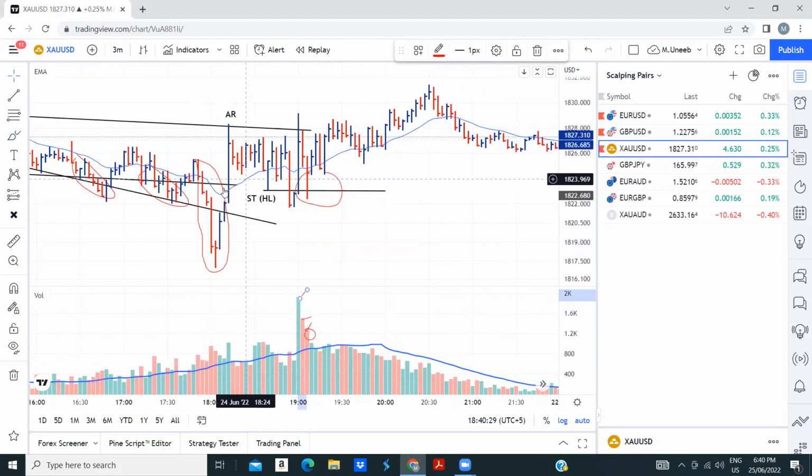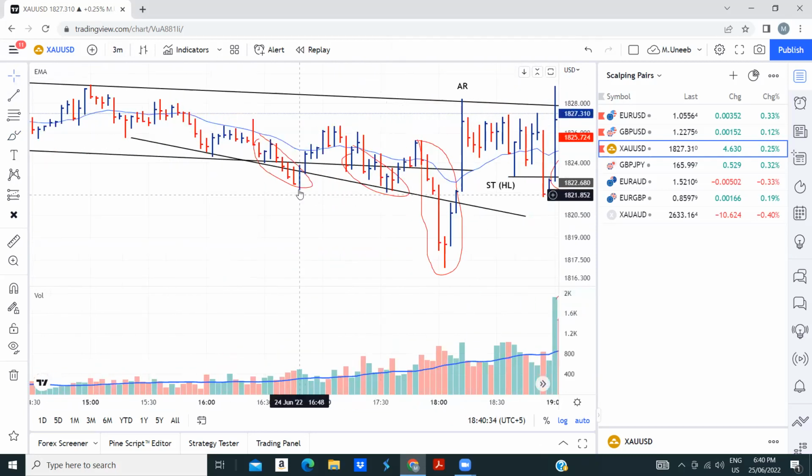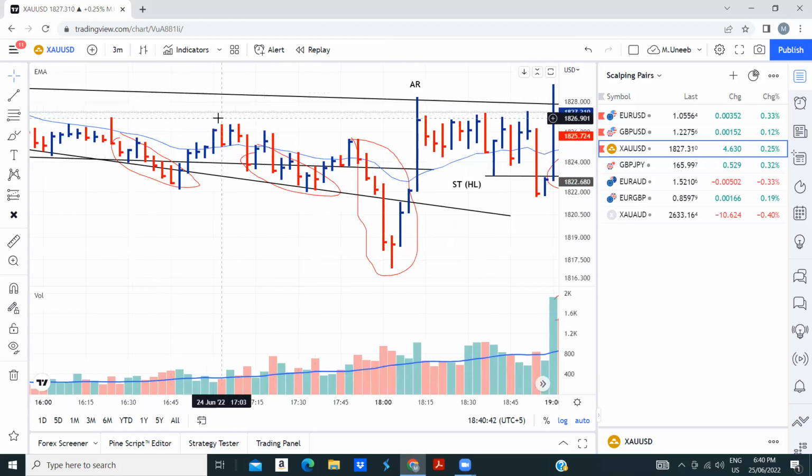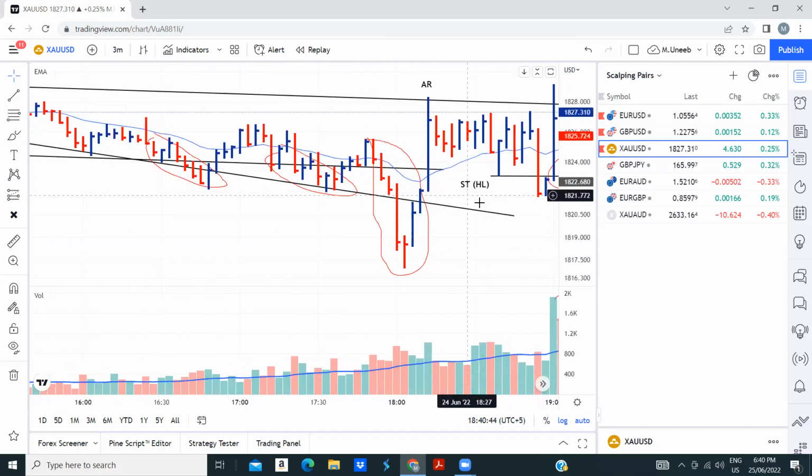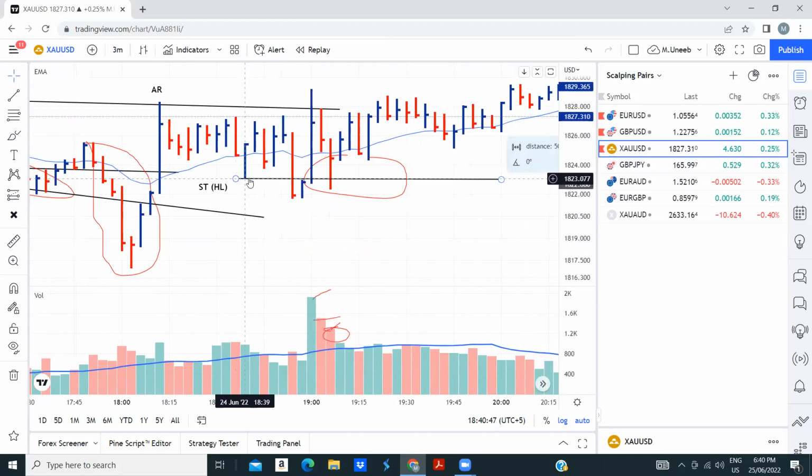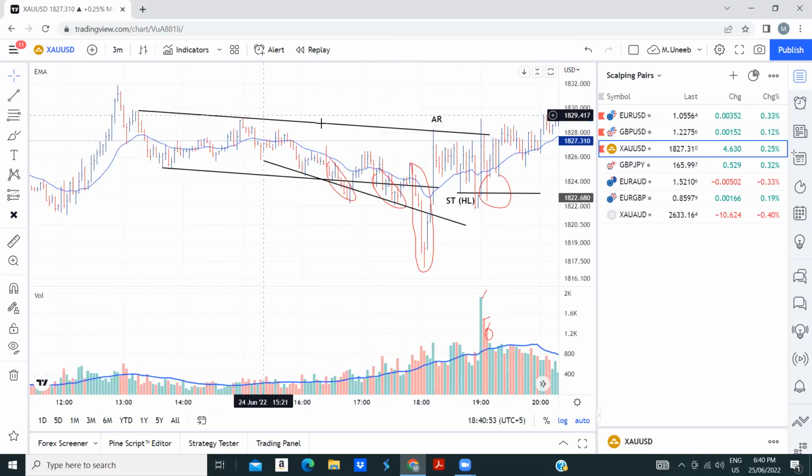Now at this point, let's suppose you know that this was not oversold here. Okay, the price failed here. So what do we notice here at this point? So these are the reference points. Okay, reference point 1. So far only one reference point. And here this channel is also a reference point.